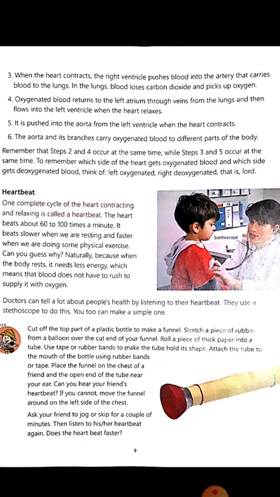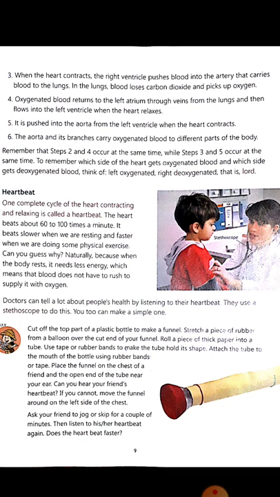Now, heartbeats. What is a heartbeat? One complete cycle of the heart contracting and relaxing is called a heartbeat. A heartbeat is a two-part pumping action that takes about a second.